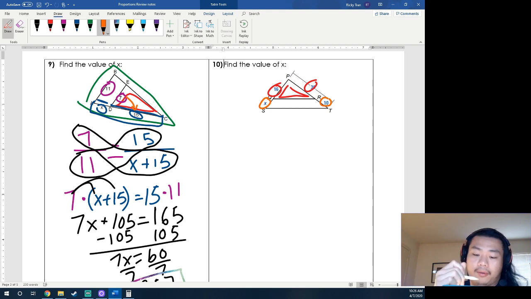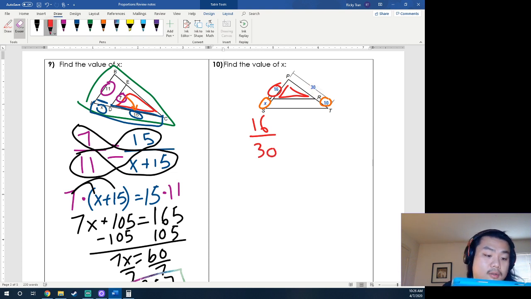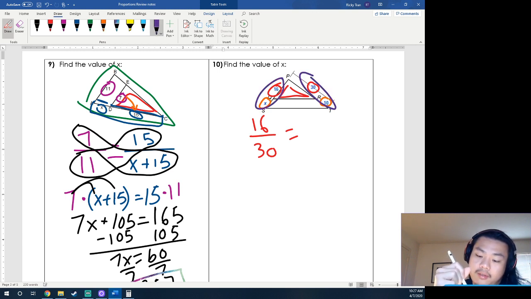All right. So we're going to start with our easy one, which is 16 over 30. 16 over 30 is equal to, now we need this combined side, so we need this and this. So it's going to be x plus 16 over 30 plus 10, which is just 40.